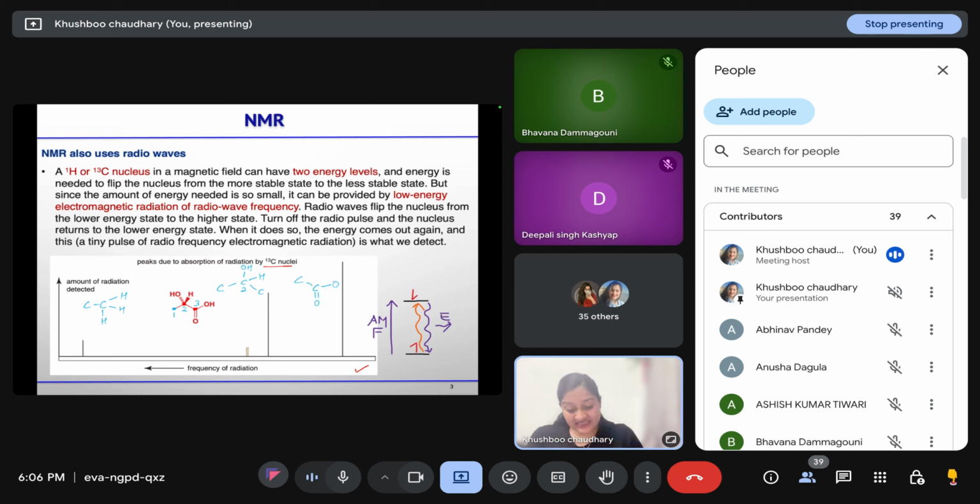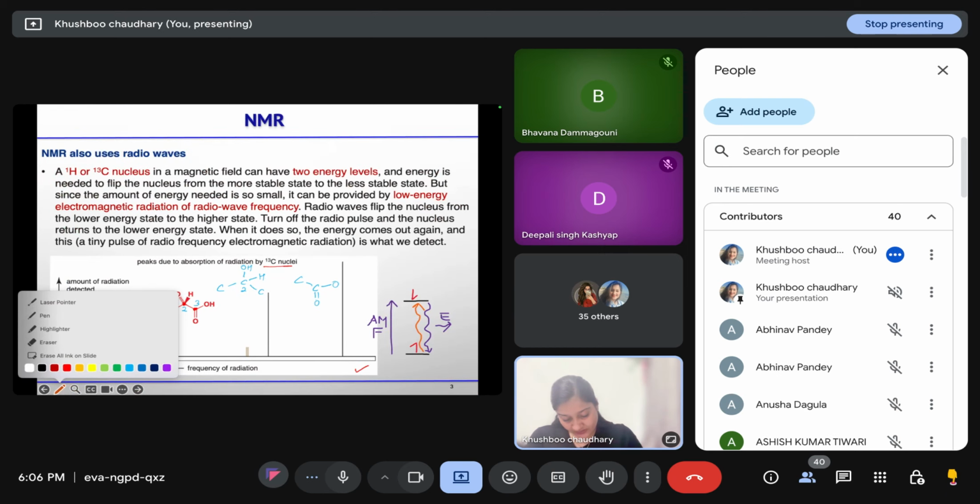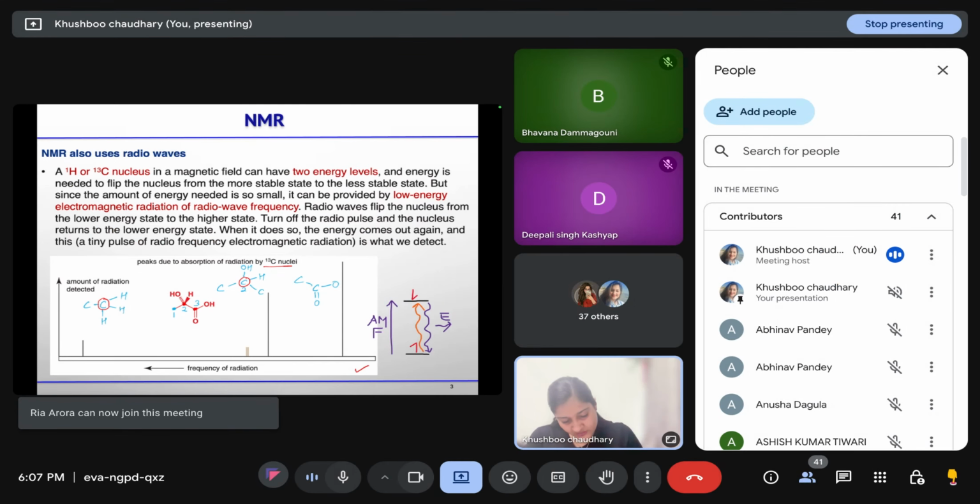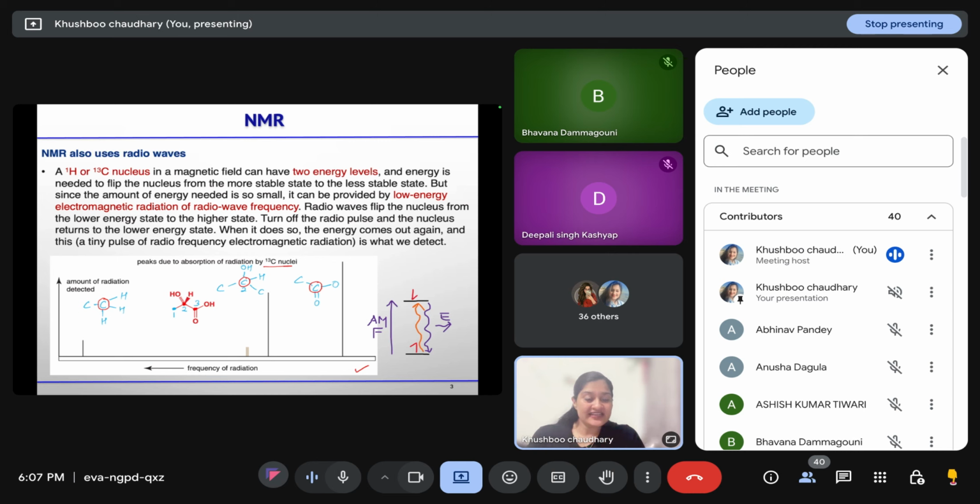Now, if we consider carbon 1, carbon 2, and carbon 3, and try to understand the electronic environment around these carbons, we will come to know that oxygen, being electronegative in nature, pulls the electron density toward itself, and the carbon that is attached to that oxygen has lesser electron density.